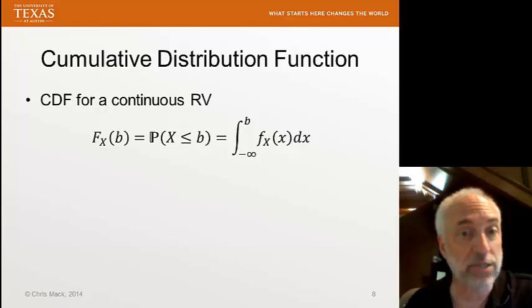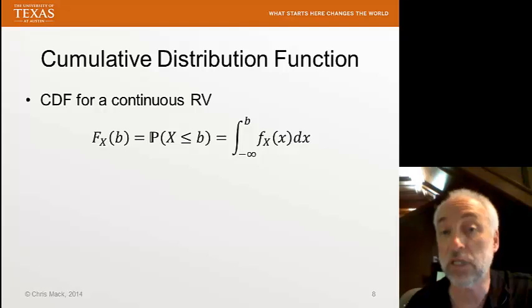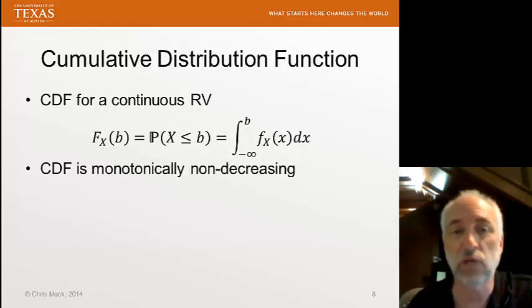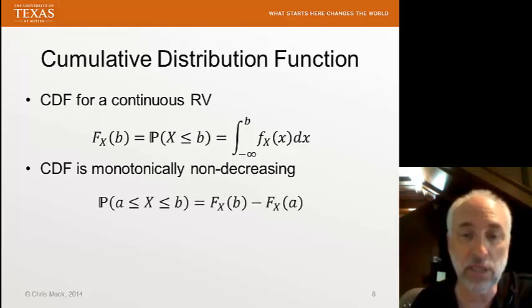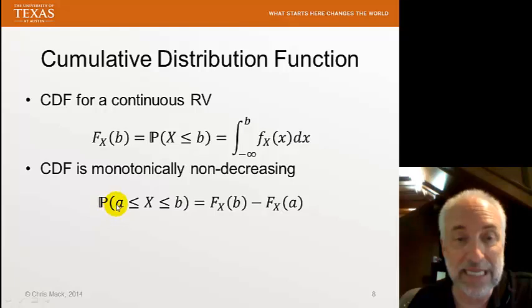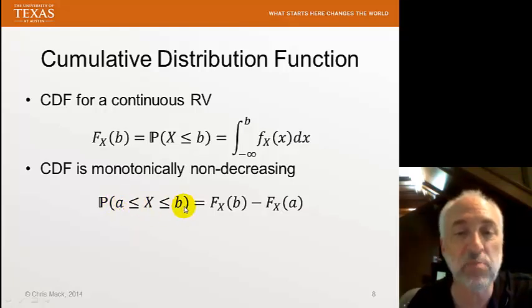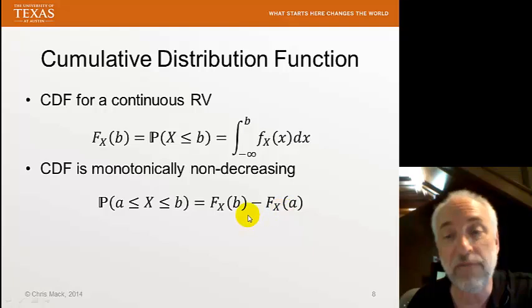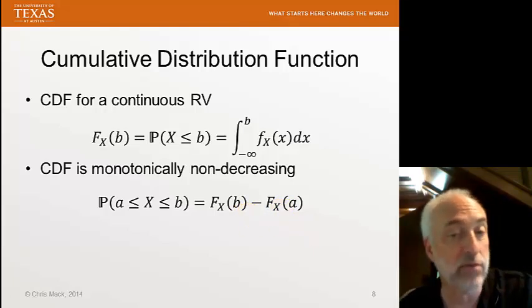One of the advantages of knowing the CDF, if we have, say, an analytical expression for what the CDF is, we know that the CDF is monotonically non-decreasing, and so it's very easy to calculate the probability that some random variable is between two values within the range from A to B. It's simply the difference in the two CDF values.